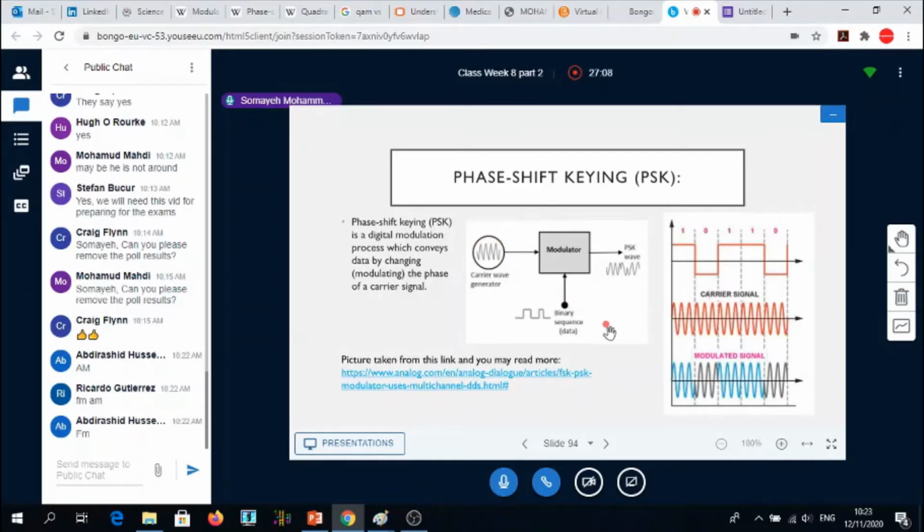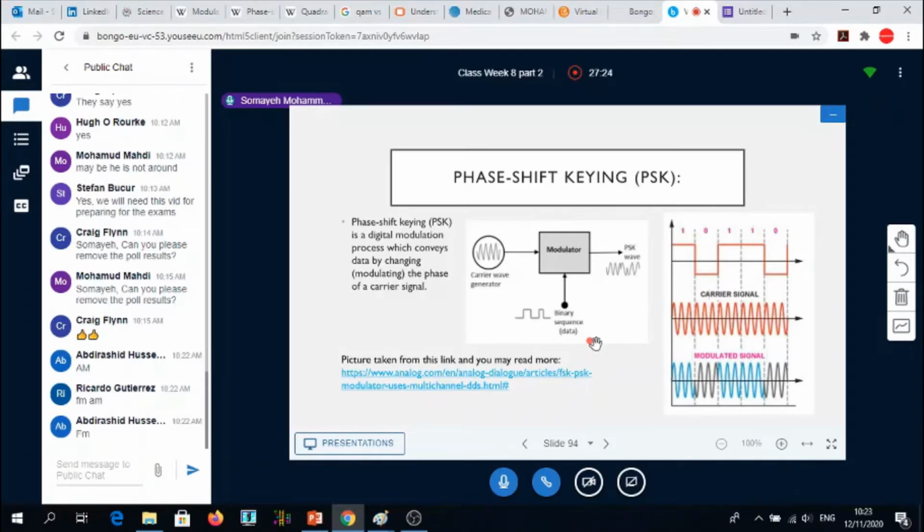And then we have our data or message that wants to be transmitted. When we are looking at digital signals, we are looking at the binary sequence of that message signal, because everything is turned to ones and zeros.